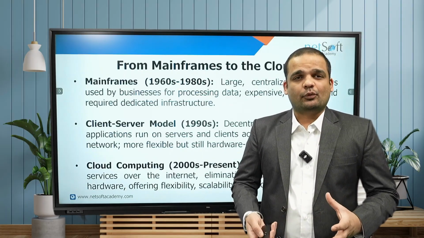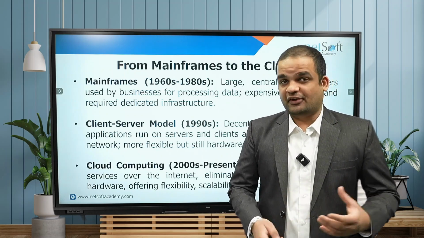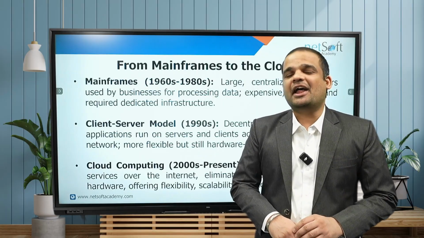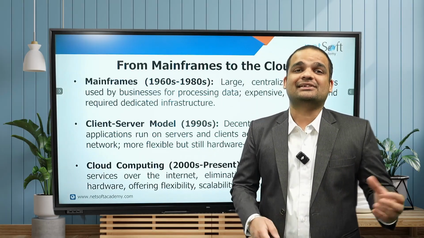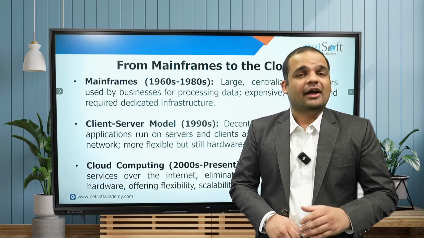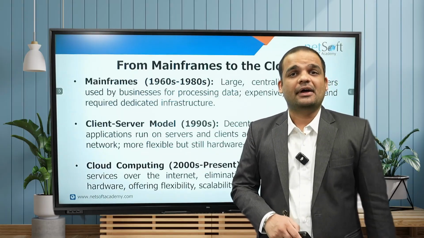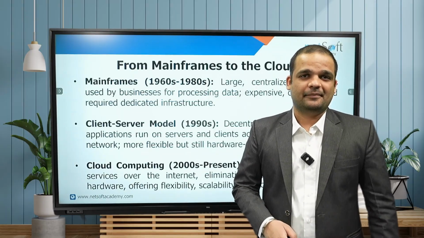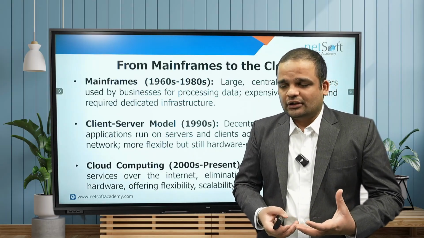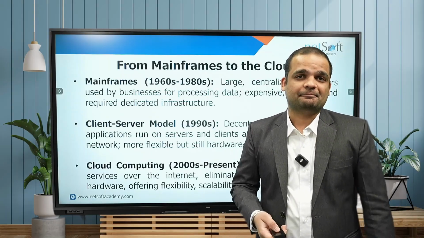While these systems were powerful, they had several drawbacks. They were expensive, required dedicated infrastructure, and were very difficult to scale. Companies had to invest heavily in hardware and especially IT staff just to maintain them, limiting access to only the large organizations or military who could afford it.